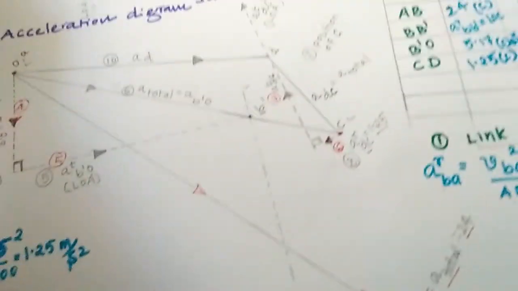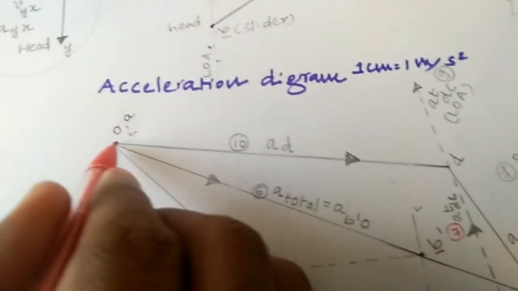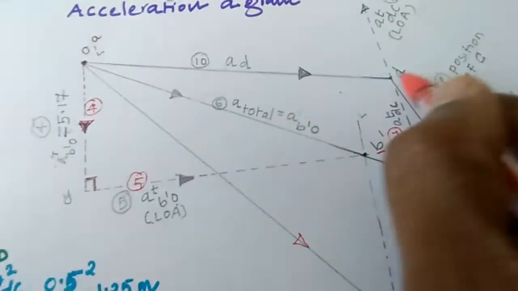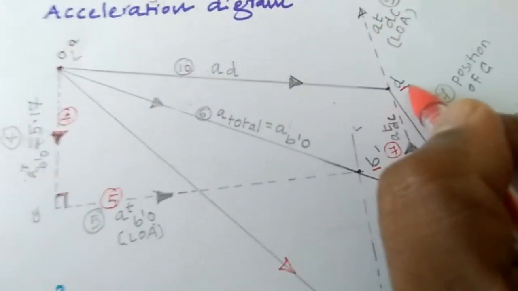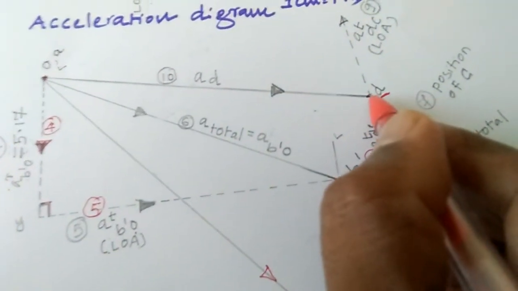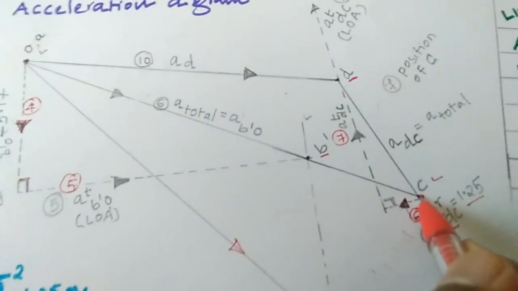Then once again you come to the slider. You have to draw it along the direction of motion with respect to O. You extend this point; this new intersection you will get as D. Then you measure it.